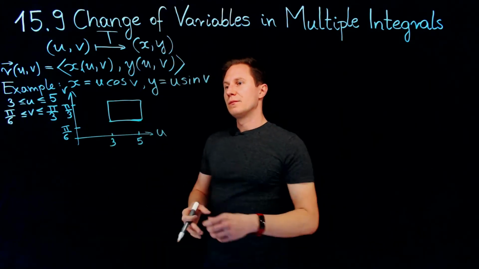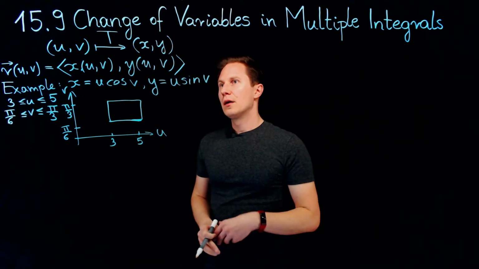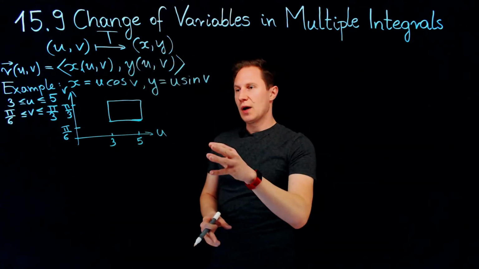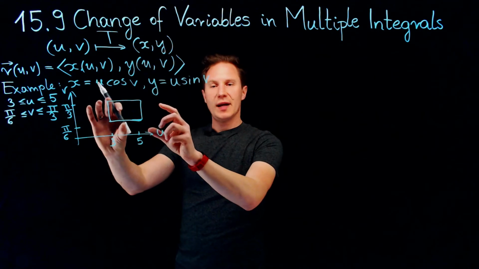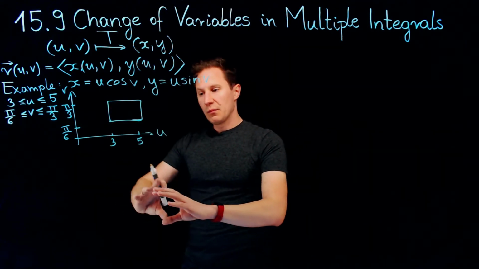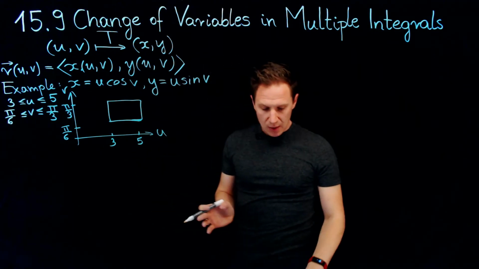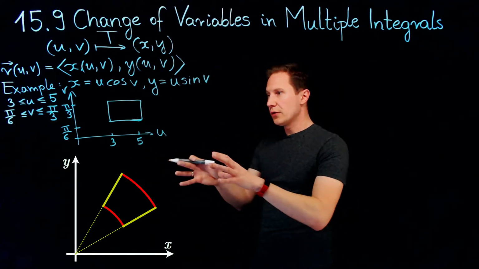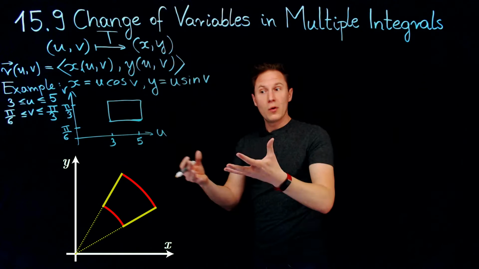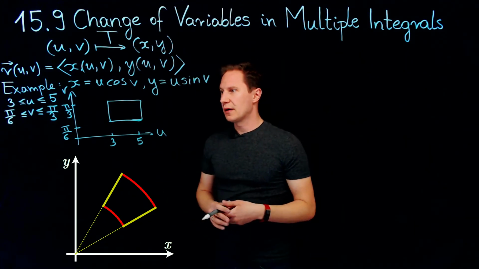Now this transformation from uv to xy will take this rectangle and turn it into some shape in the xy plane. And this shape looks as follows. It is this polar rectangle, what we call the polar rectangle.